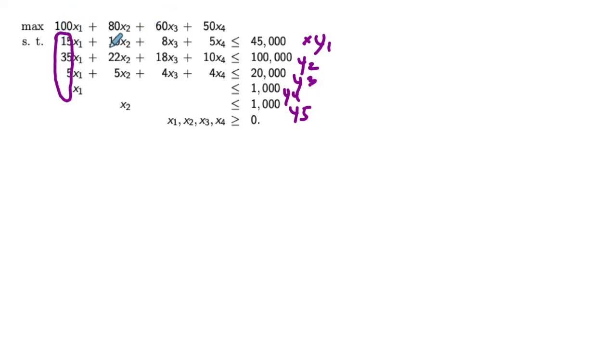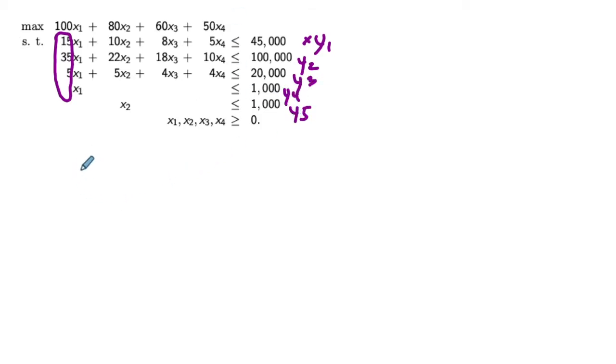So then when we look at the column for x2, the same thing should be true. So when we multiply 10 by y1 plus 22 times y2 plus 5 times y3 plus 1 times y5, that sum should be greater than or equal to 80, and so on. So you'll have 4 of these constraints, right?